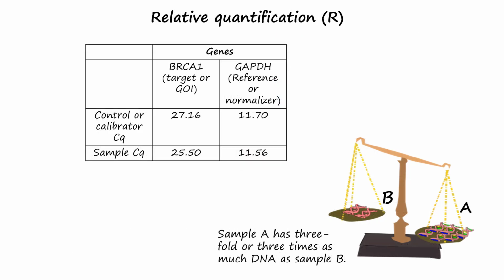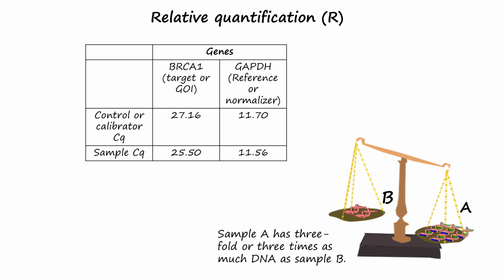In the case of relative quantification, the expression of a gene of interest in the sample, for example a treated sample, is compared to that in another sample, or control or calibrator, for example an untreated sample. A normalizer or reference gene, such as GAPDH, is used as a control for experimental variability.